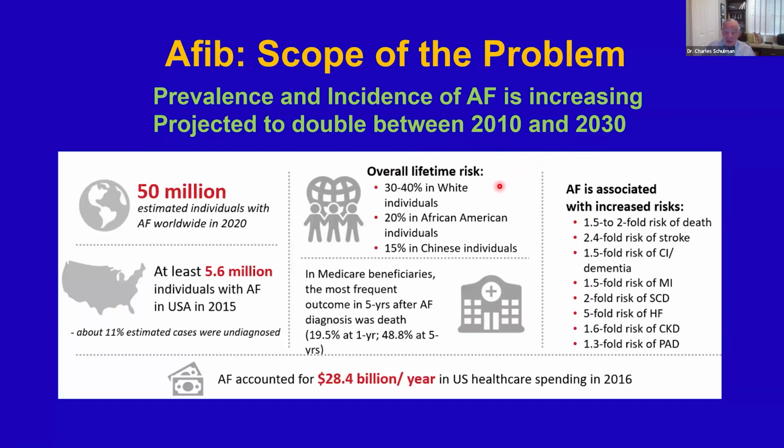The overall lifetime risk is 30 to 40% in white individuals and 20% in African American individuals, and the risk rises with age. It results in considerable death, considerable other cardiovascular events, and costs considerable amounts of money.